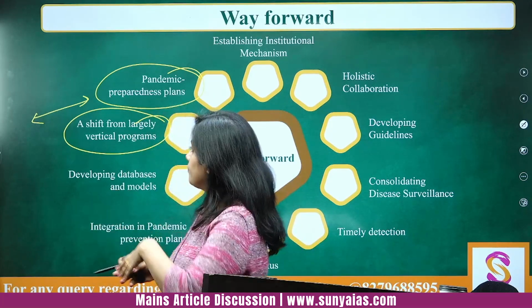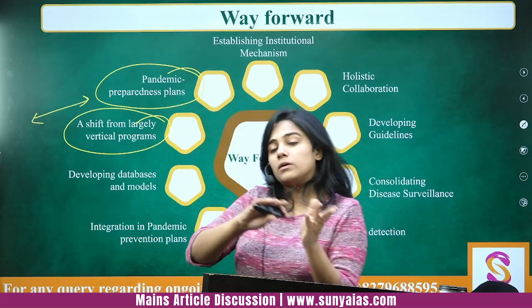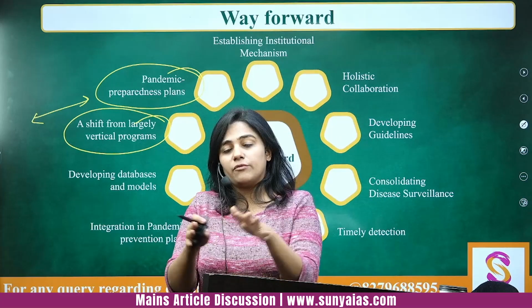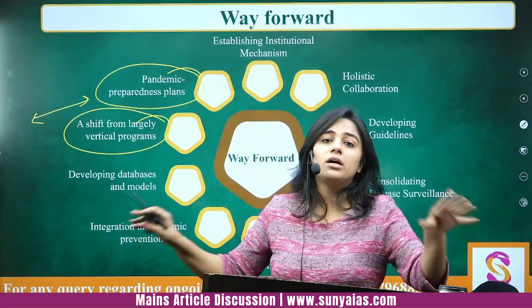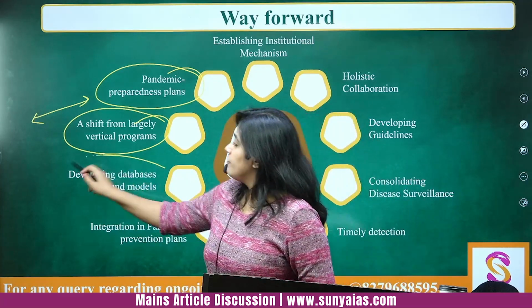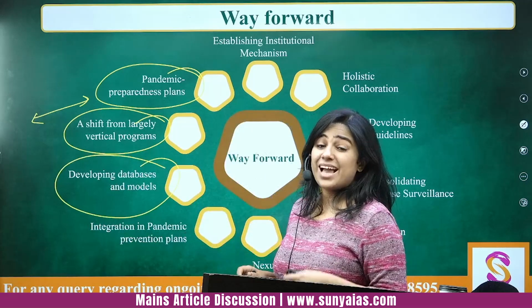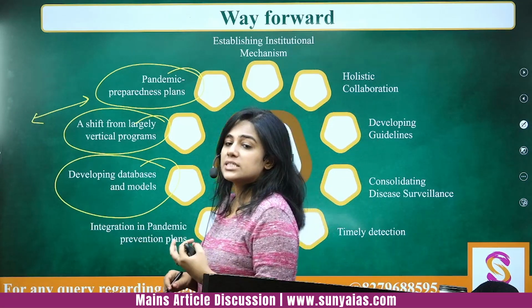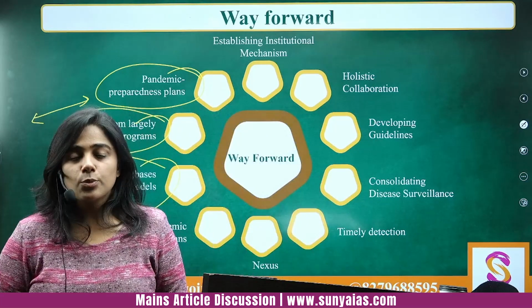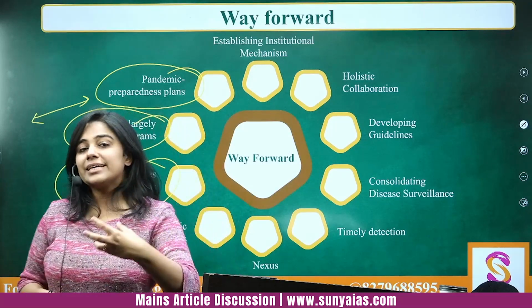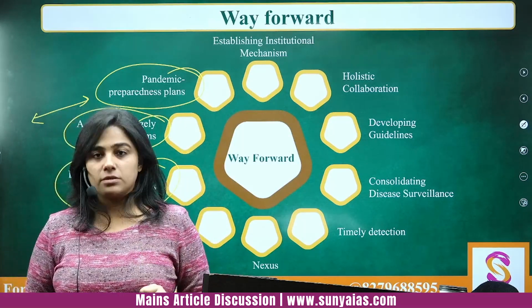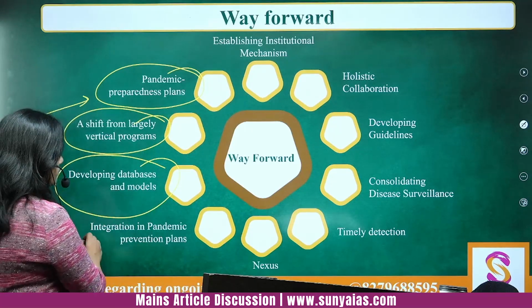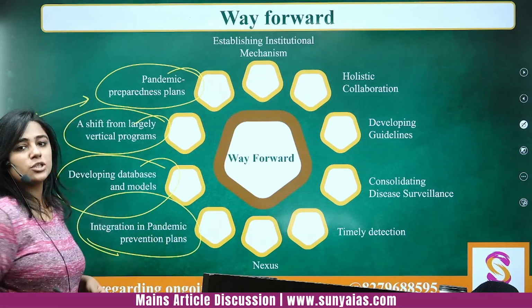So we have to shift from the largely vertical approach and expand our horizon. We need to develop databases and models on how, for example, H1N1, swine flu, keeps coming back every few years, right? Integration in pandemic prevention plans.